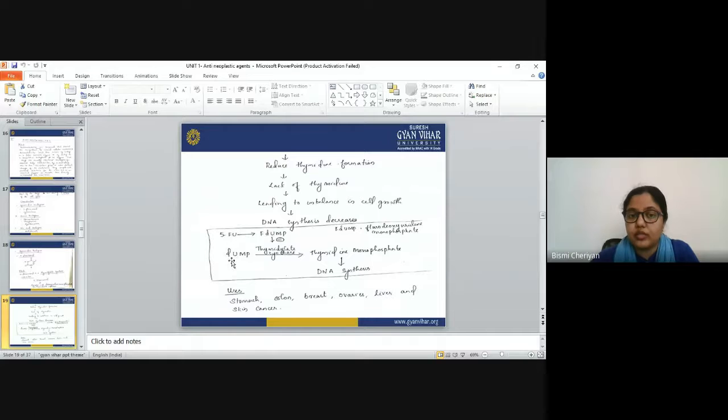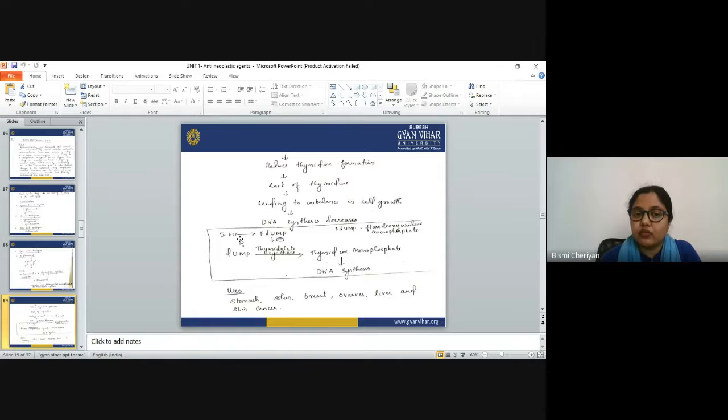So I have marked this DUMP. You have to know what DUMP is, and its full form, deoxyuridine monophosphate. This is a normal metabolite inside our body. It is converted into thymidine monophosphate in the presence of thymidylate synthetase enzyme, and thymidine monophosphate is necessary for DNA synthesis.